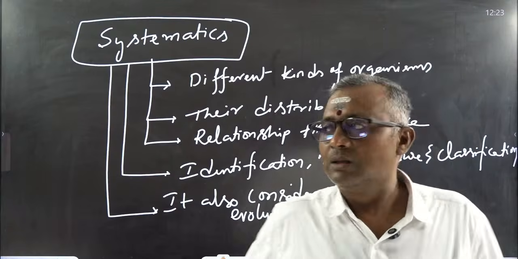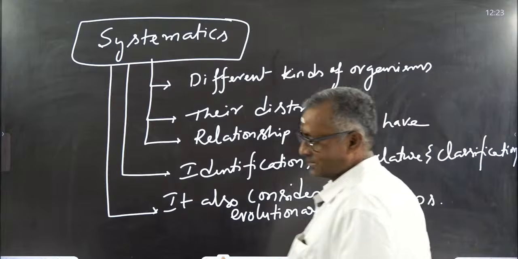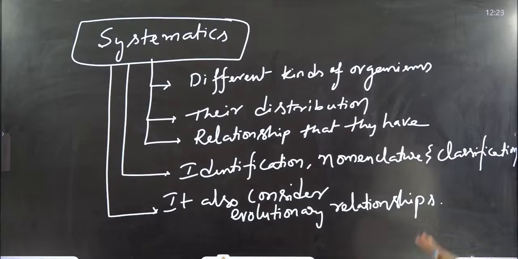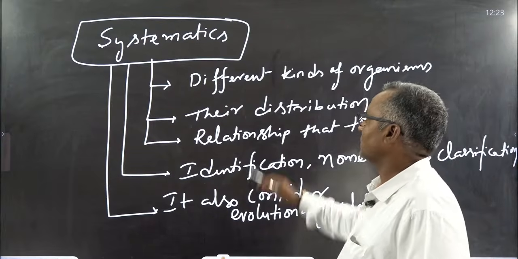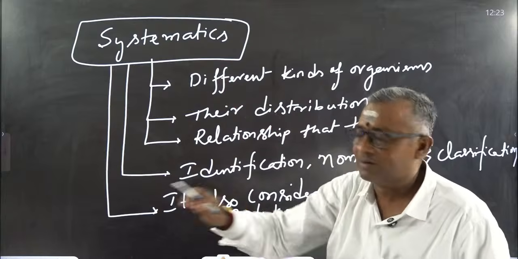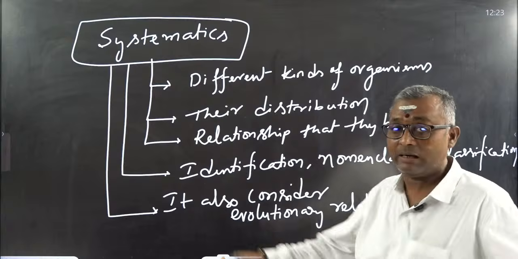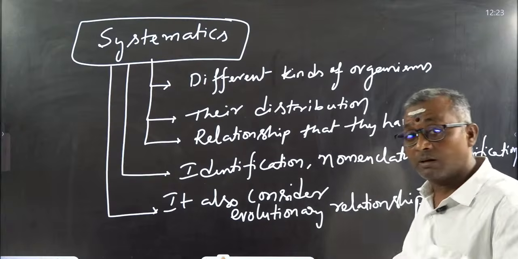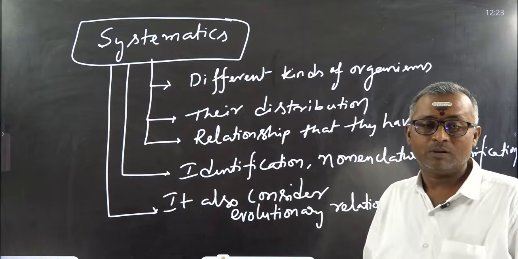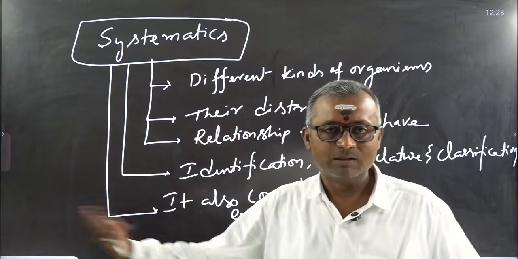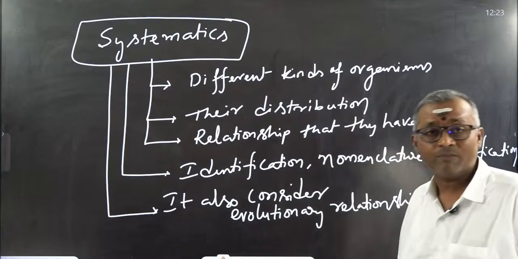So under systematics, you are studying different kinds of organisms, their distribution, like in what kind of habitat they are present, and the relationships that they have. For example, one plant may have a relation with another, or plants and animals also have relationships.